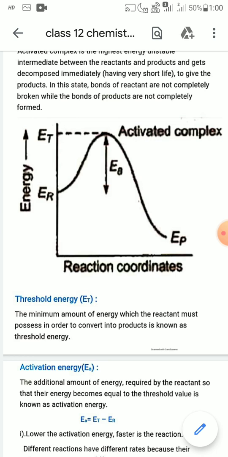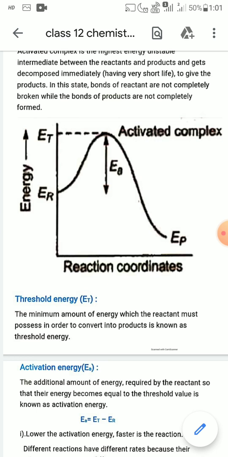So threshold energy is the barrier of the chemical reaction. This is the minimum energy which the reactant must possess in order to convert into products, known as threshold energy.